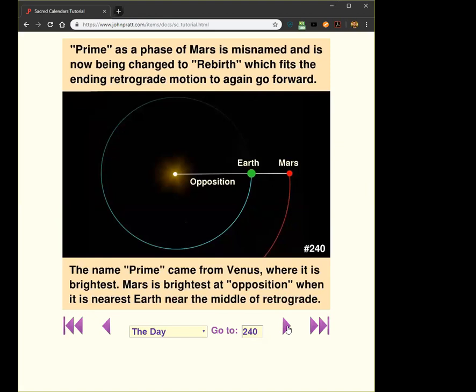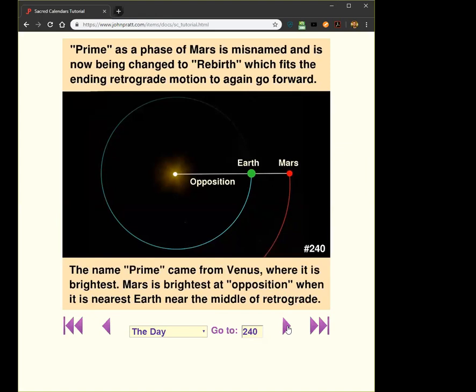And then we've looked at the long ages of Mars, how the period is so close to 3 exact sacred rounds that you don't have to intercalate the extra 13 days or skip the extra 13 days more than once every few centuries.